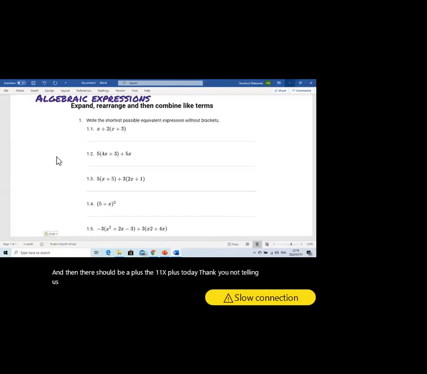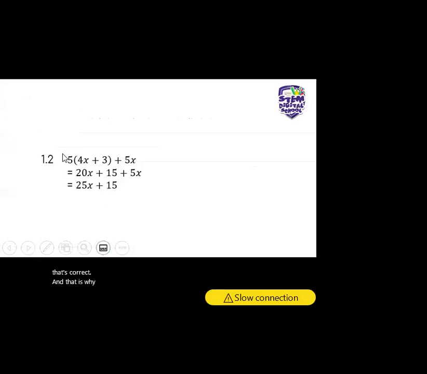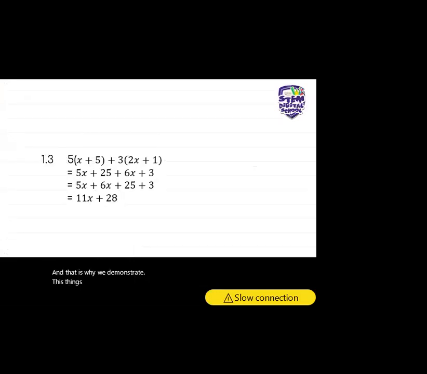And that is why we demonstrate these things also in the 1.3 expression, which we have just worked out. First things first, you just break the bracket. The number outside the bracket must be used in multiplication. So you multiply 5 by x to get 5x, and then 5 by 5 to get 25, followed by 3 open bracket 2x plus 1.